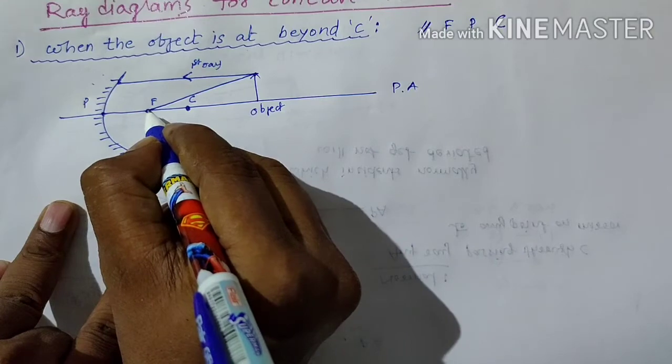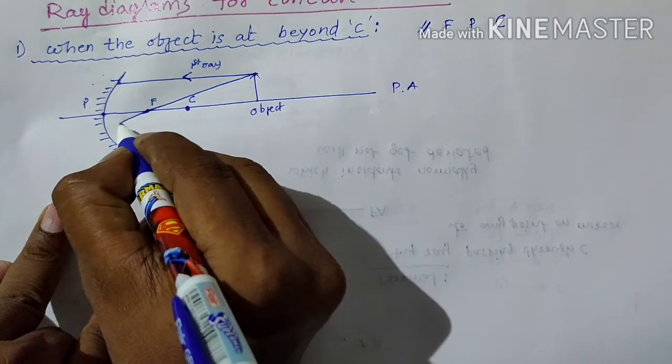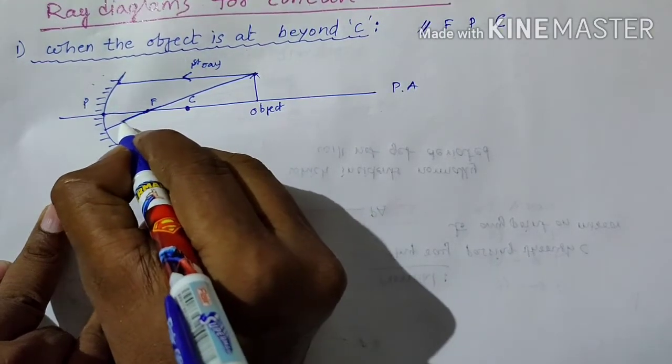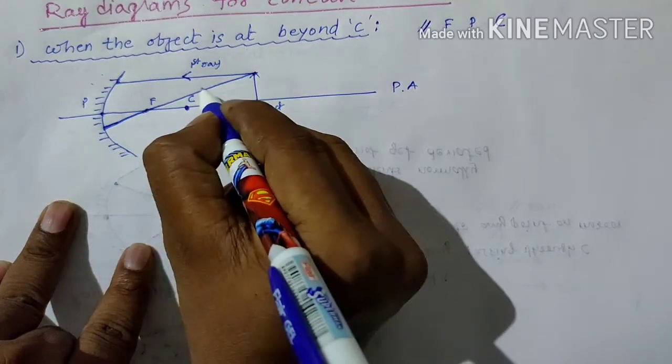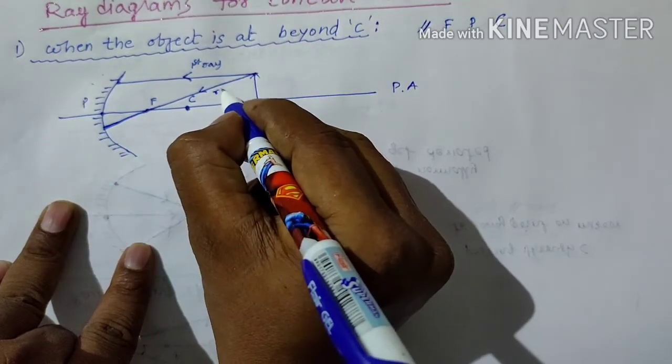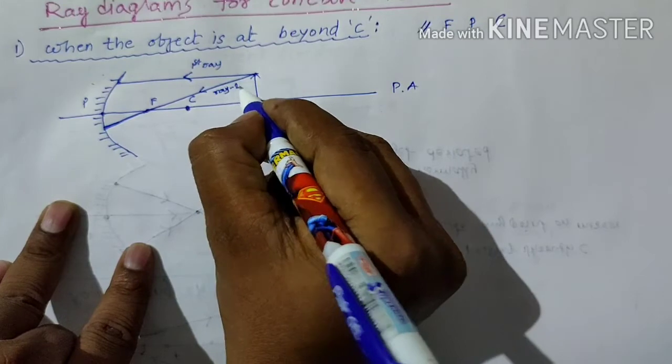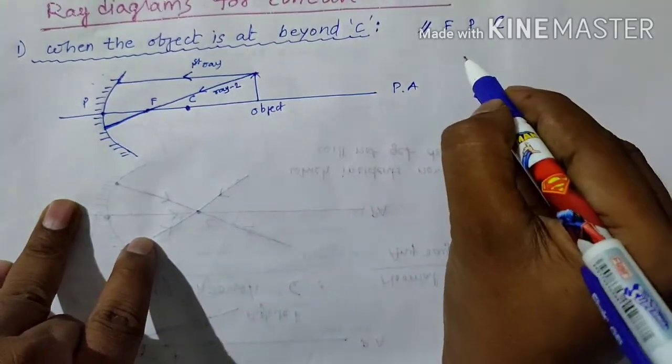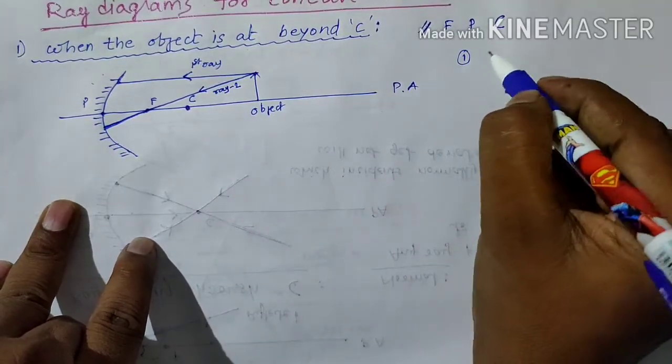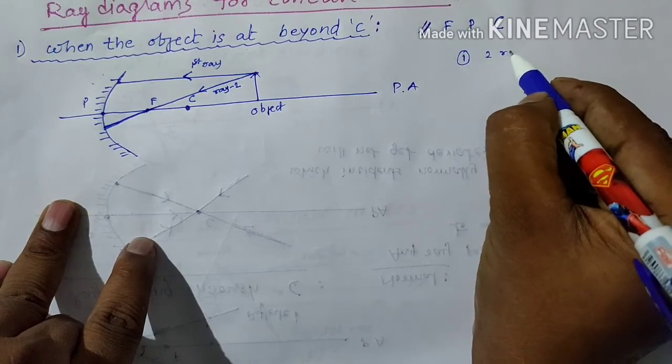This is the ray passing through focus. This is the second ray. So you have to draw two rays.